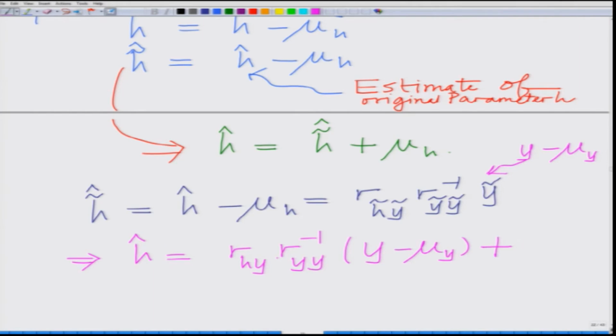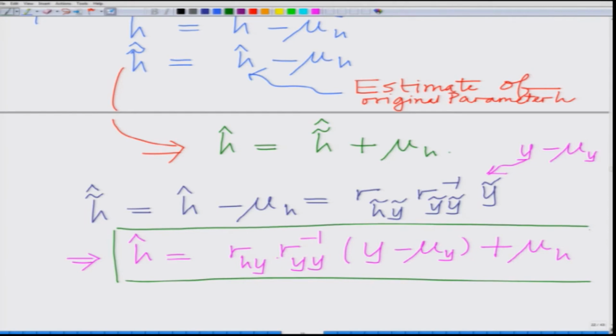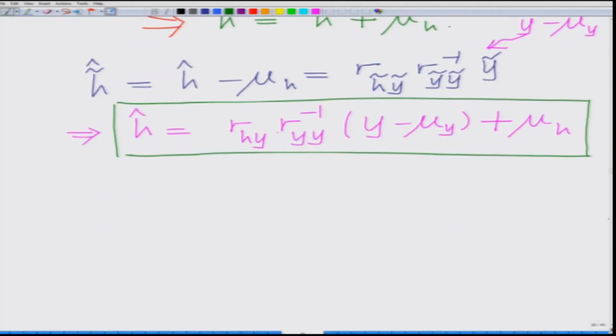From the left I bring it to the right, I have mu h, and that is the expression for your LMMSE estimate.